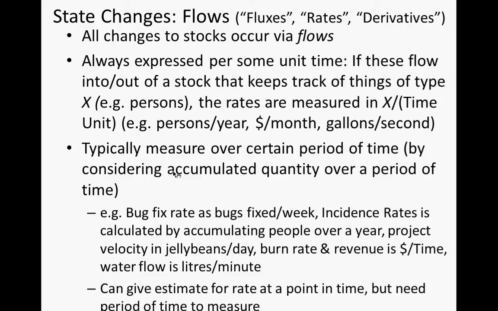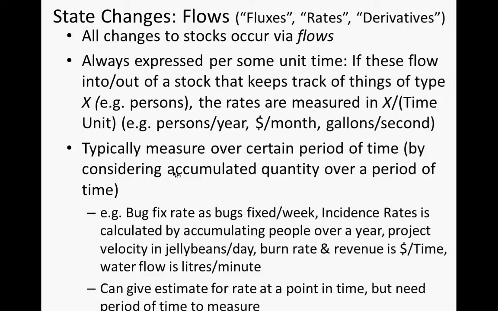So if we wanted to measure cubic meters per second, we could put out a device which would measure fluid flow through some area, measure the amount of liters or cubic meters that flow within a certain period of time, divide by that period of time to get cubic meters per second, for example.